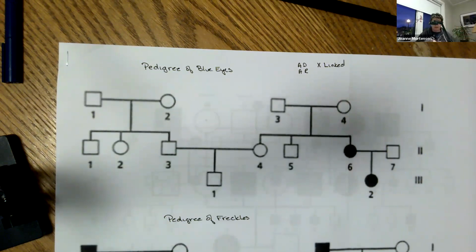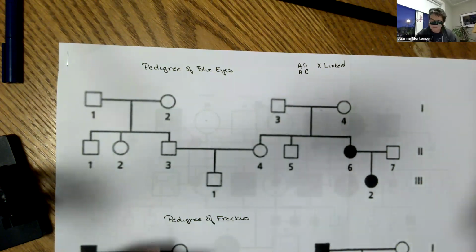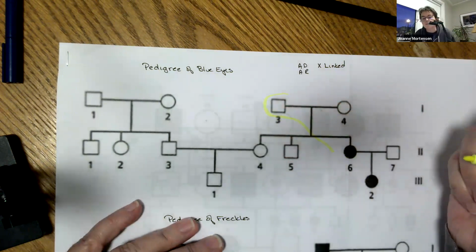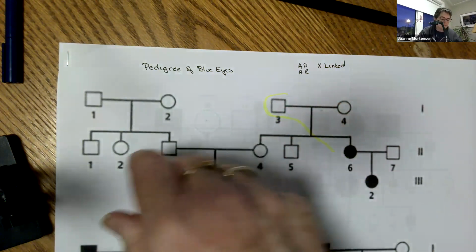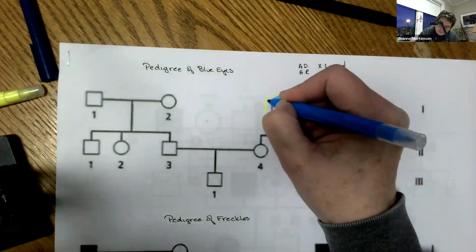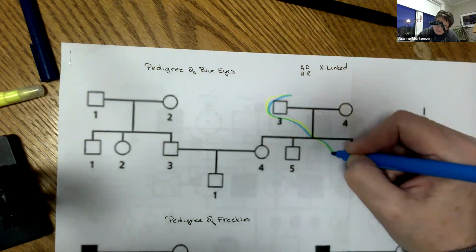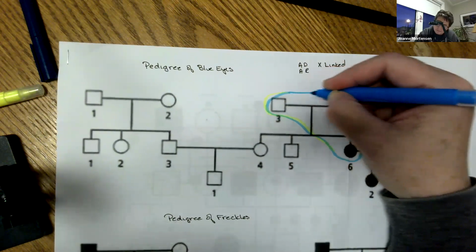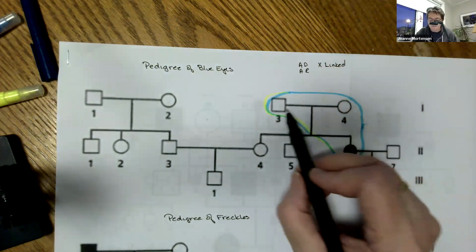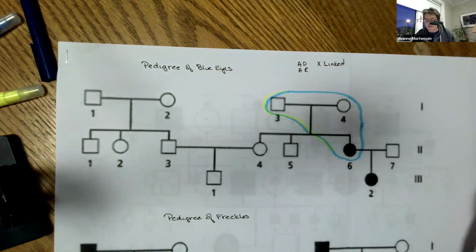My magic is to look at her parents. There is an example of mom and dad don't have the trait and the daughter does.